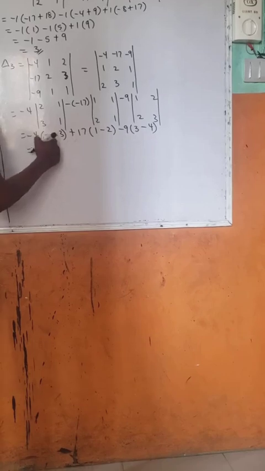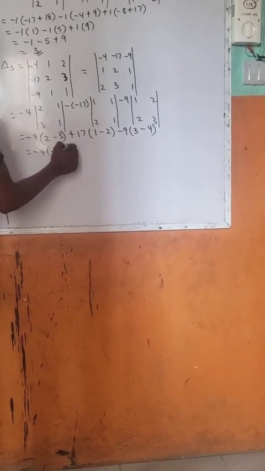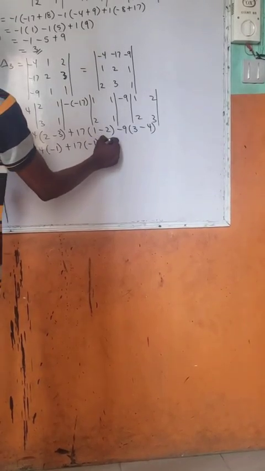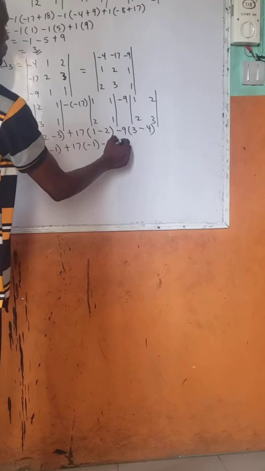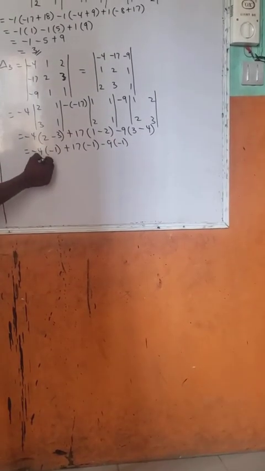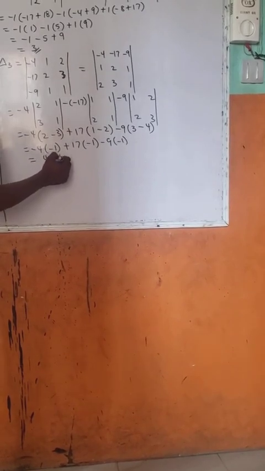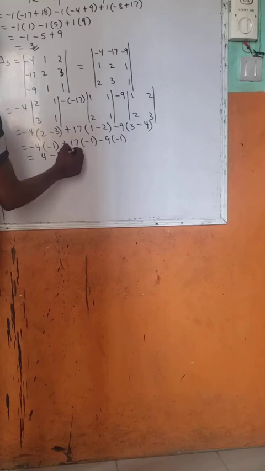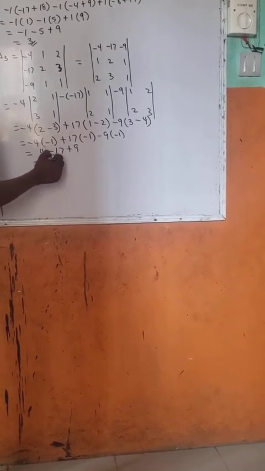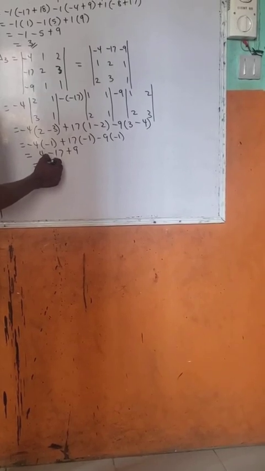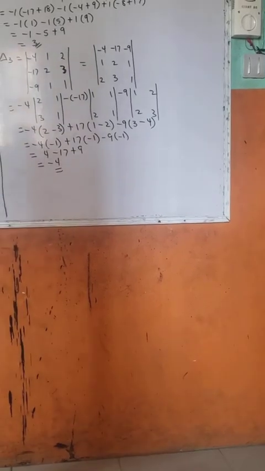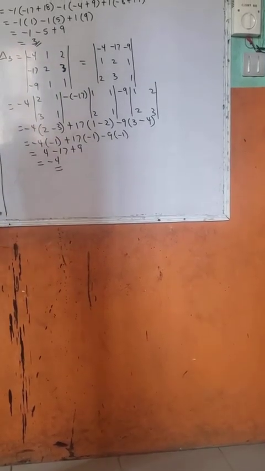Minus 4 bracket minus 1, plus 17 bracket 1 minus 2 minus 1, minus 9, 3 minus 4, that's minus 1. So expanding, we have 4 minus 17 plus 9. This will give us minus 4.